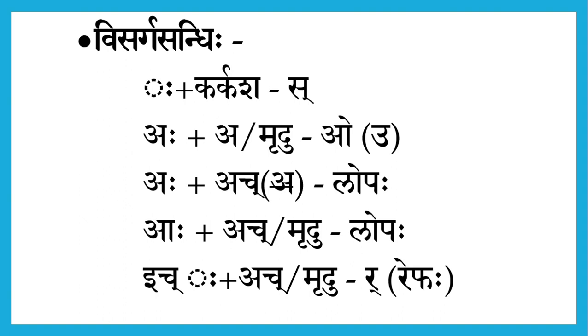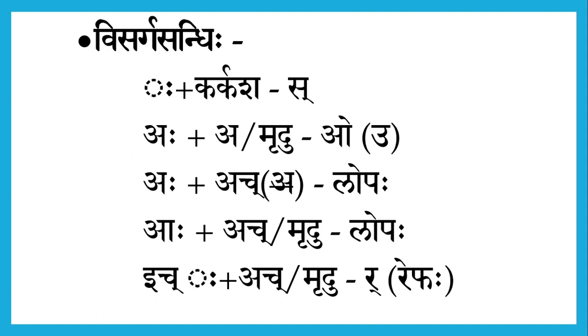In the place of sa, visarga becomes o. The third one is aha plus ach, other than the letter a. If this is the condition, then it is lopaha. In the next one, aha plus ach or amrudu, again it is the case of lopaha. This is the second formula for lopaha.